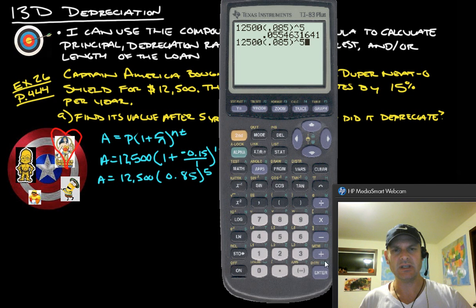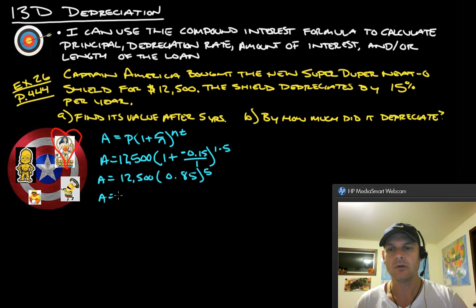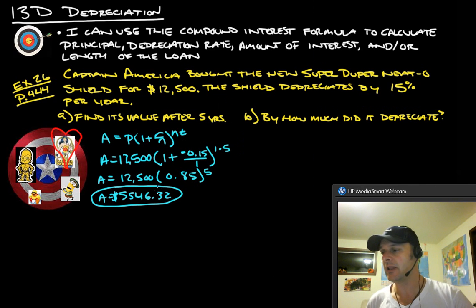So let's do this. Second entry will get me my old entry back. I just need to delete this 0 in there. There we go. That's a little bit better. So it's now currently worth $5,546.32. Okay, so Captain America's shield is worth a little bit less now.